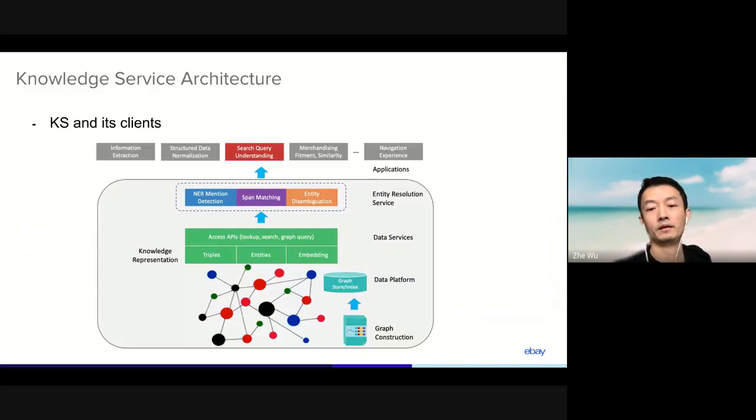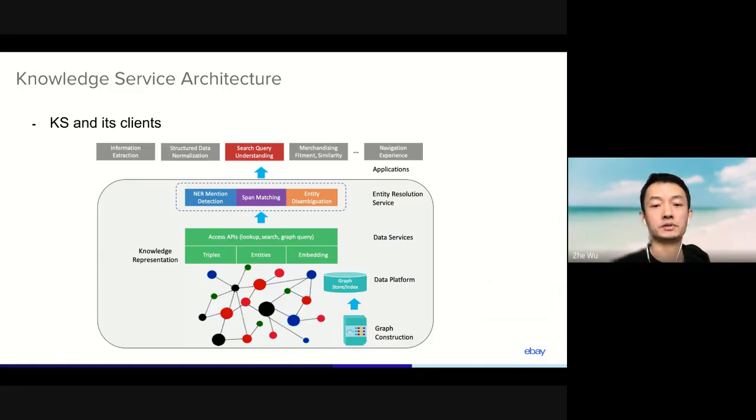Now let's look at the KG service, this particular component in the middle. Bottom up, there's a graph construction. We are leveraging the Wikidata graph and some other public data sources. We then build a graph database.